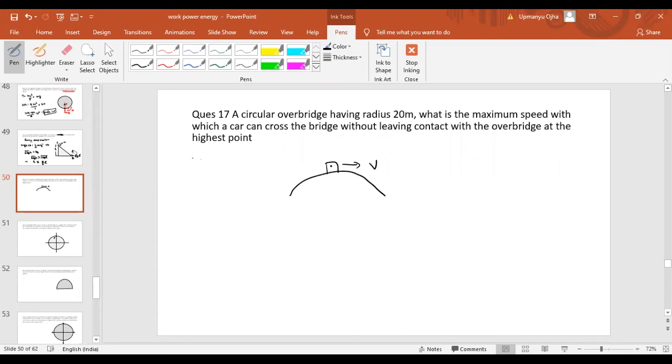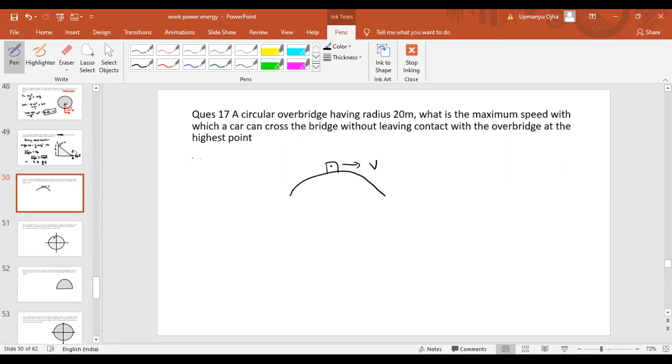That is the normal reaction of the bridge on the block. Maximum speed means it will not leave contact with the bridge. When the body leaves contact with the bridge, the normal reaction becomes zero.